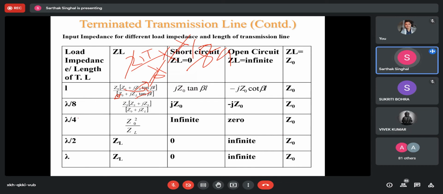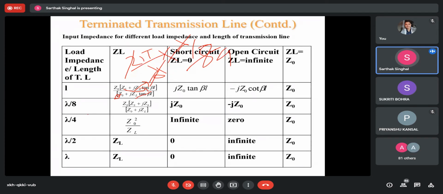Then if we talk about the quarter wave transformer line, that is lambda by 4, for a normal load impedance we will get the value Z0 square by ZL, right? It would be better if you keep solving these equations along with this lecture.